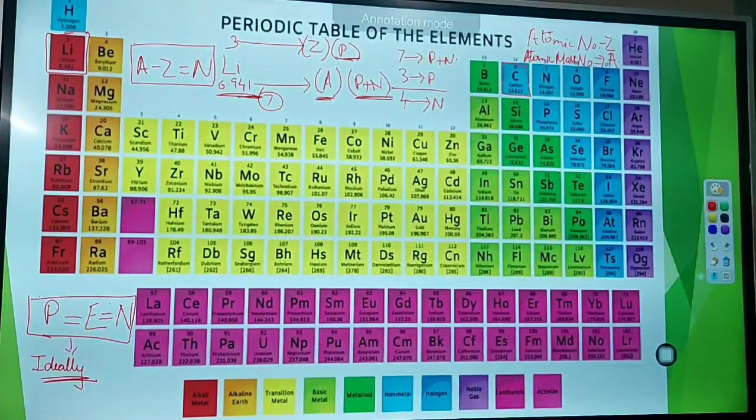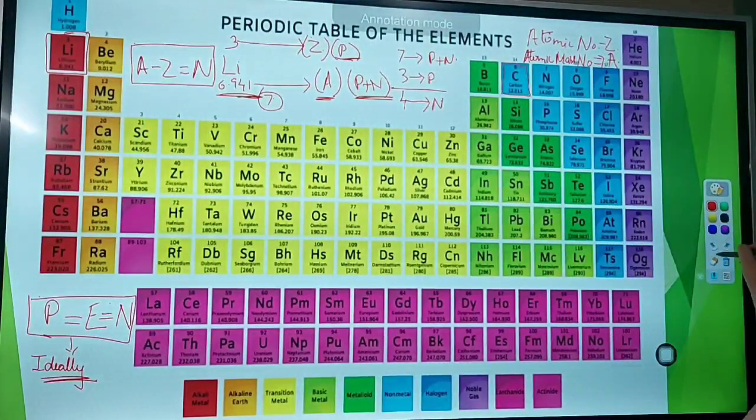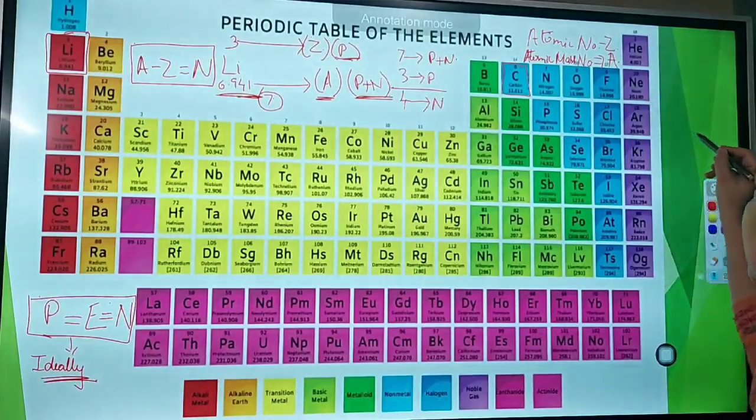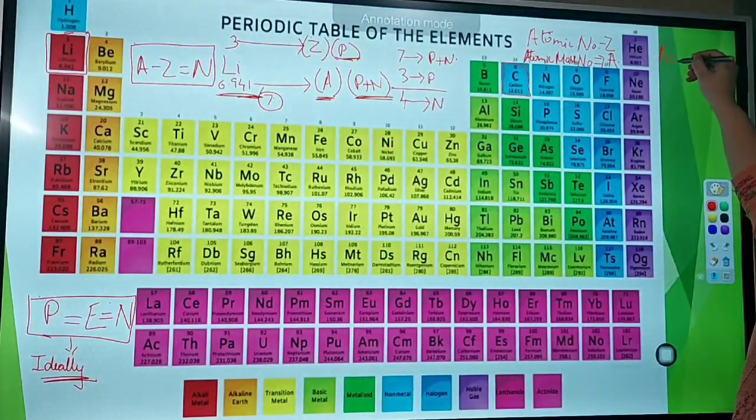Yes? Let's look at carbon. Now carbon's atomic mass number is equal to 12.